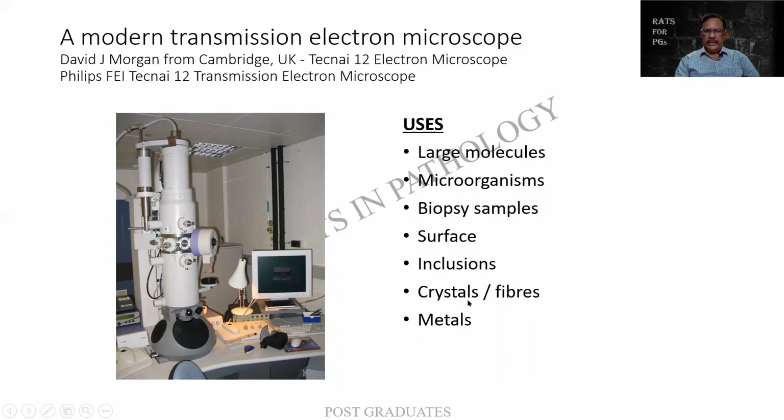Or if you want to study the crystals, the fibers, amyloid is a classical example, the metals. So in a number of these, you find that the electron microscope is useful. Nanotechnology, another one of late. So this is a large field. Please do not ask whether you can have an electron microscope on your table. In fact, you require a room for it.